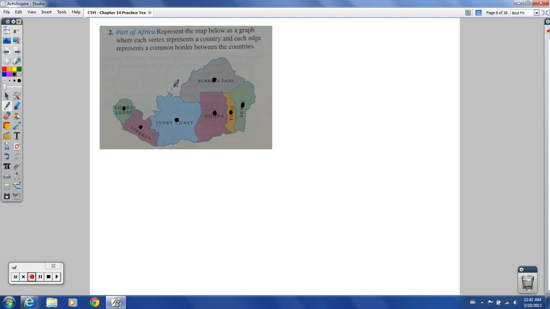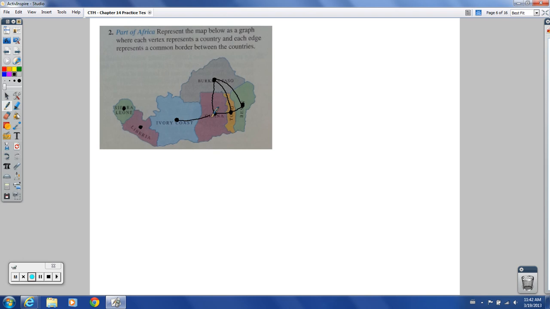Burkina Faso, right, and map each vertex, country, each edge represents a common border. The edge here between Benin and Burkina Faso, there's a common border, so I'm going to make a connection there, and each edge, I'm going to draw in such a way that it crosses over where the actual common border is. There's a common border between these two, there's one between these two, there's one right here.